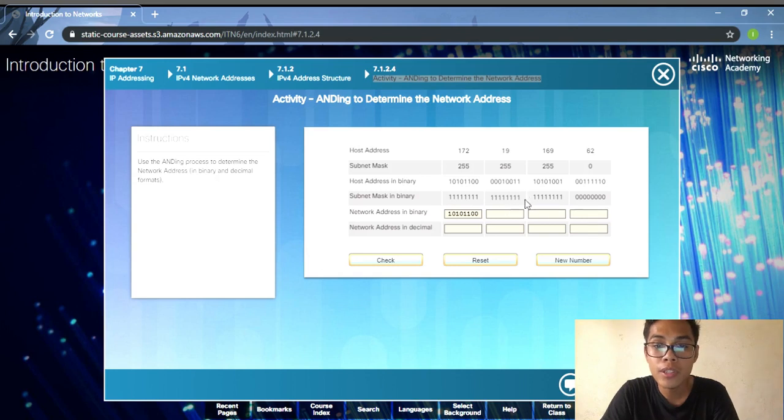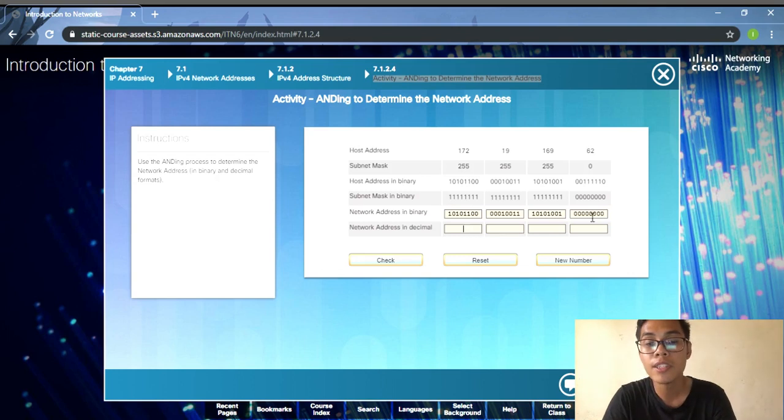The next one is 0, 0, 0, and the next one is 1 0 1 0 1 0 0 1. And lastly there's no 1 and 1 if we compare them, so we just put 8 zeros.